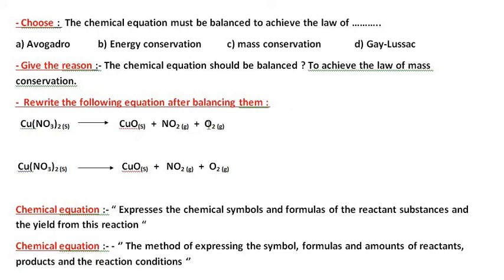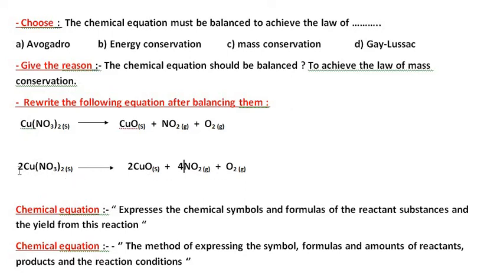This equation is not balanced. To balance it, we put here 2, put here 2, put here 4. Now by putting 2 here, 2, 4 and 1, these are called the coefficients of the equation. This equation is now balanced.